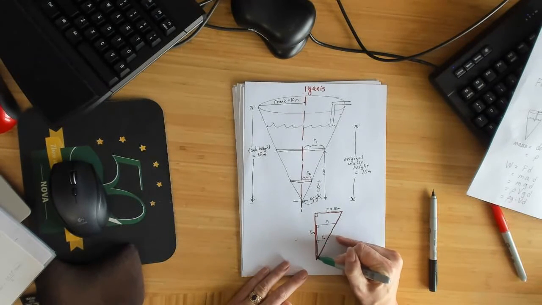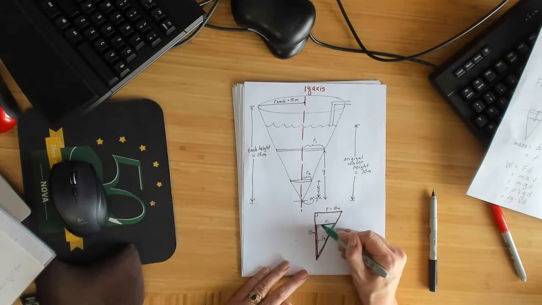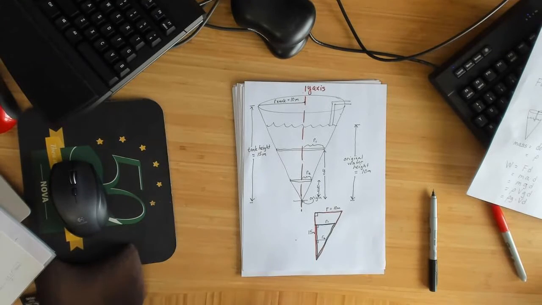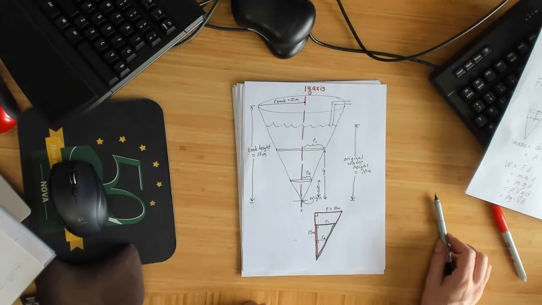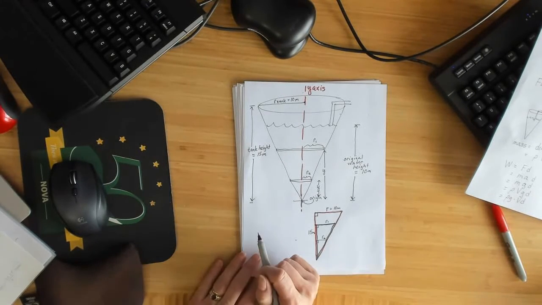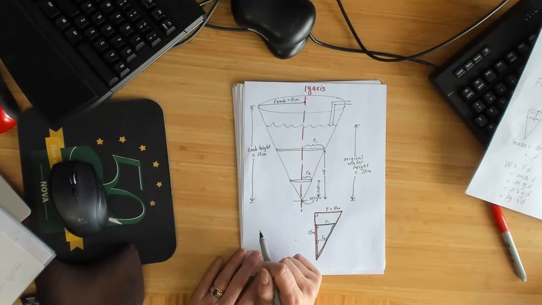That would be the one for R1, and it's also similar to the triangle for R2. Those are similar triangles. Similar triangles do not have equal sides, but they do have proportional sides. Once I know that, I can write the following proportion.